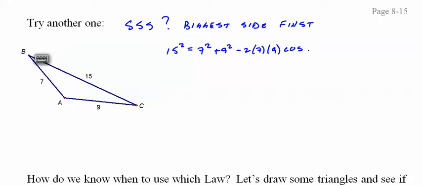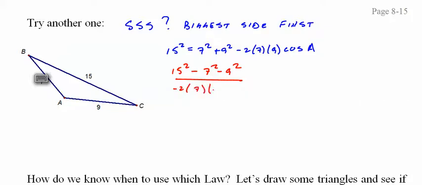Far, far, far and away the biggest mistake I will see is right here. People will do all that together, forgetting that these two are glued together by that times. So I will actually show you how I would do it, and I put it all in the calculator just like this. And then I go with second cosine. Cannot tell you how much I recommend doing it this way.